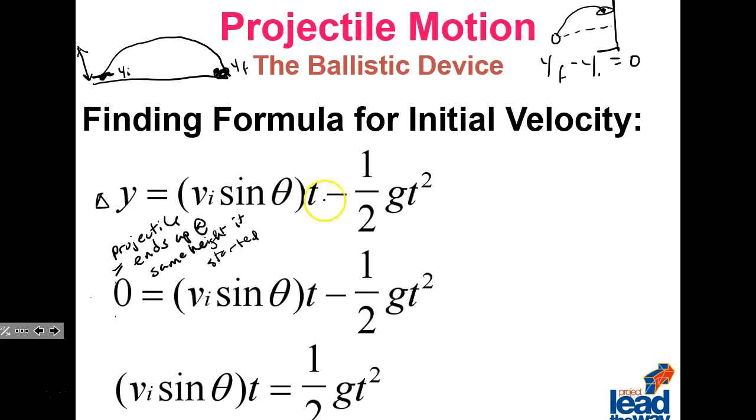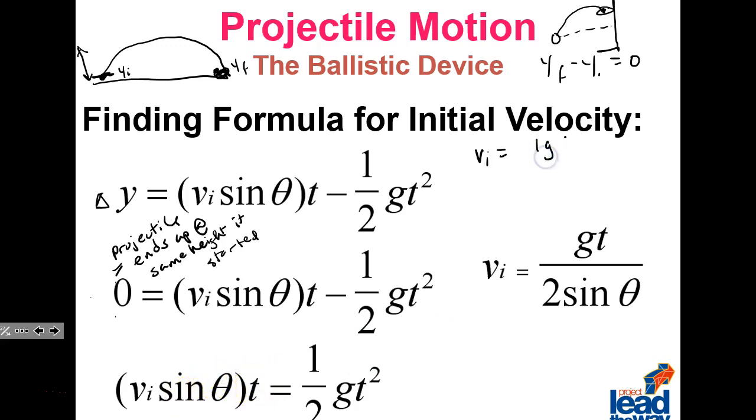All right, so we rearrange now. We've got 0 over here, and we're adding the 1/2 gt squared to the other side. So that's now positive. 1/2 gt squared is equal to vi sine theta times time. And rearranging again, all we're doing is cross multiplying and dividing. gt squared divided by 2 sine theta t.